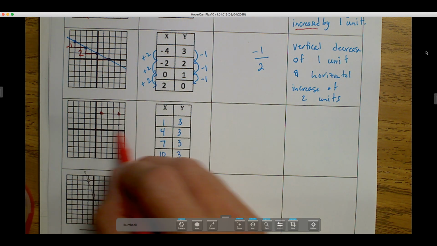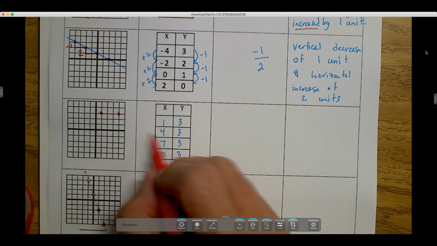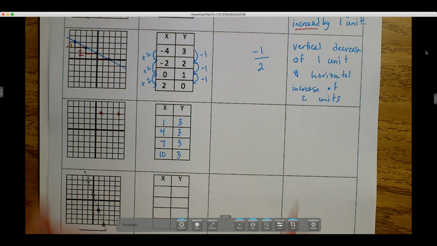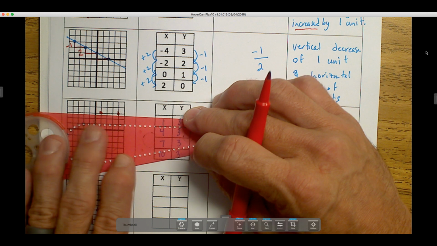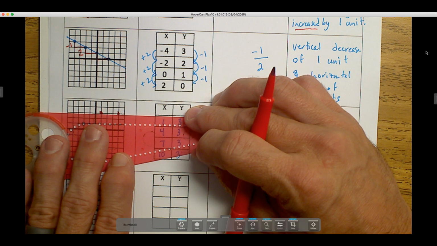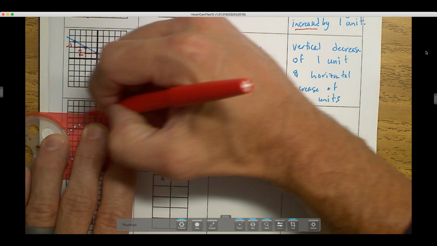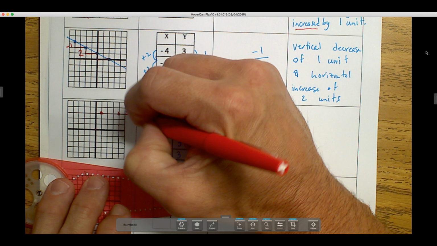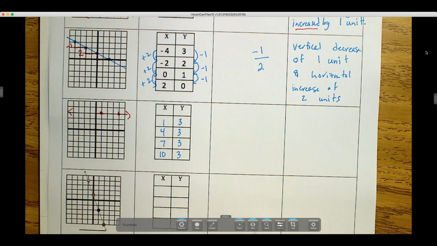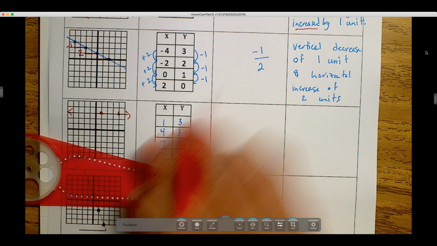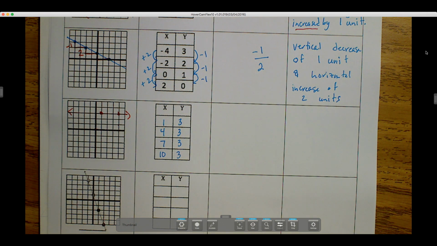We would have 7 over, 7 runs off the graph, and 10 runs off the graph. But again, we only need 2 points to make that line. So I'm going to draw my line. It goes infinitely in both directions. And then you should be able to figure out your slope.